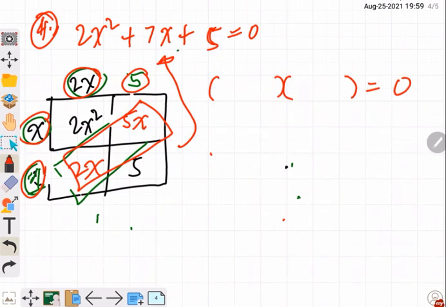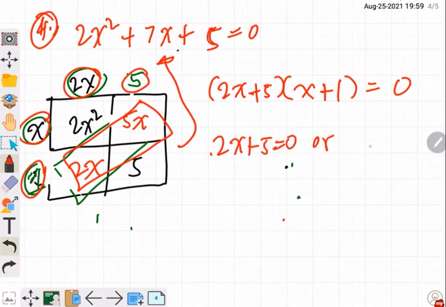So that in turn gives our factors for this one. Our factors are 2x plus 5 and x plus 1. So again, using the zero product property, 2x plus 5 becomes 0, or x plus 1 becomes 0.